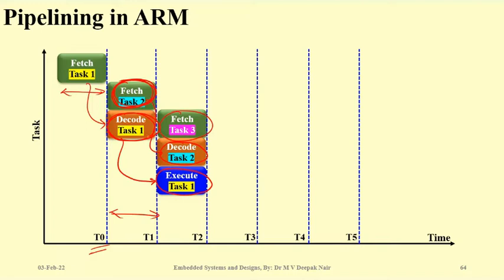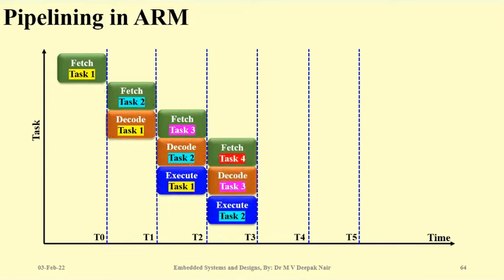So from this time, you start seeing the advantage of the pipeline system, because right now in one particular slot of time you are doing 3 different tasks. Now the pipelining starts, or we can see the efficiency of the pipeline system here. Task 1 is over: fetching, decoding, executing, done.